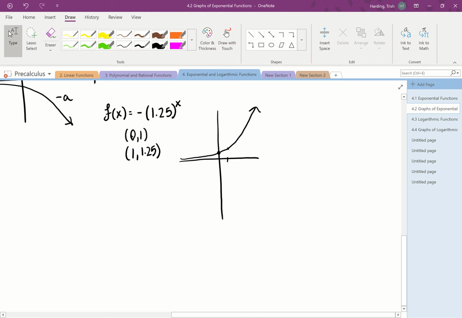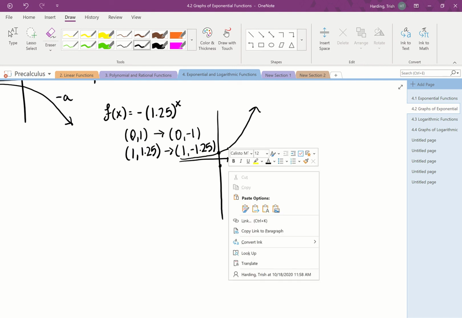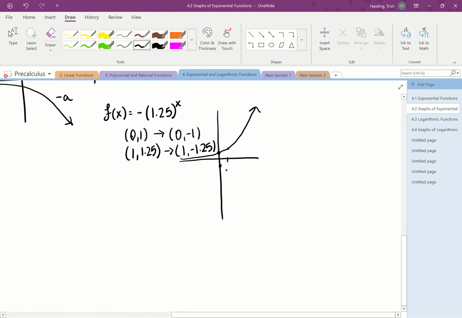So this is what we have, our original. Now, when we introduce the negative, we will have 0, negative 1, and 1, negative 1.25. So that gives us negative 1, and just a little bit here, negative 1.25. So that we now have this.